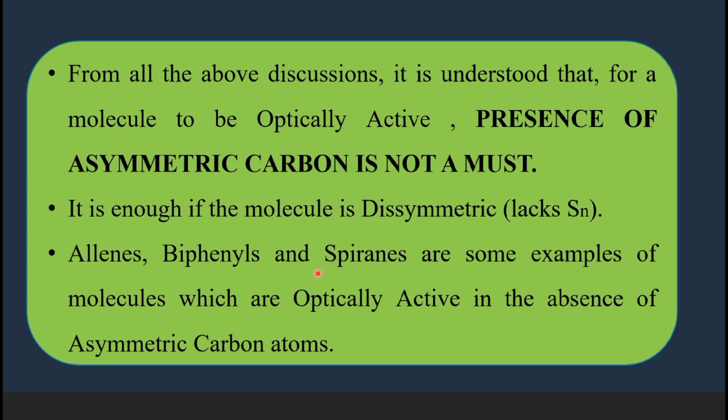Therefore, for a molecule to be optically active, we need not look for an asymmetric carbon or a chiral carbon. It is enough if we look for dissymmetry in the molecule, which means the absence of sigma, I and Sn, or simply we can say lack of Sn in a molecule makes it optically active.